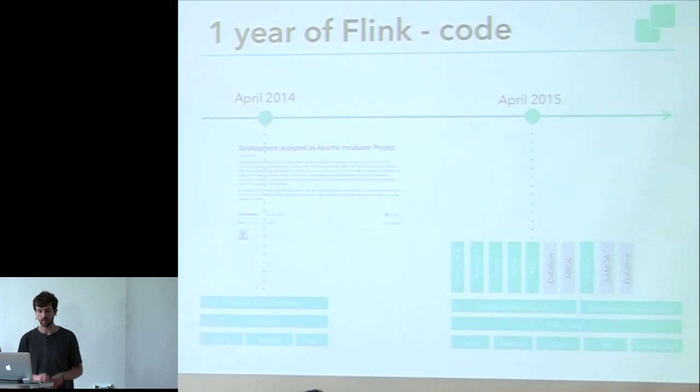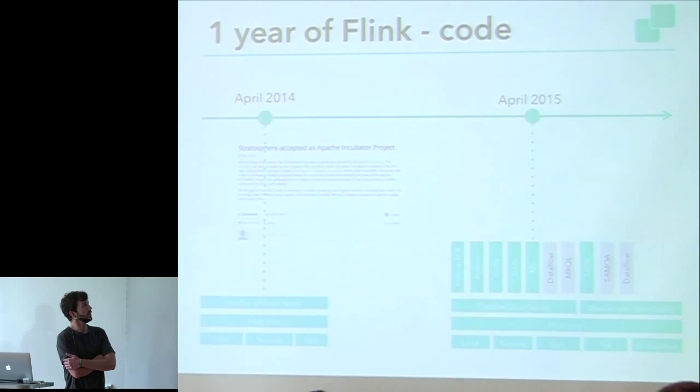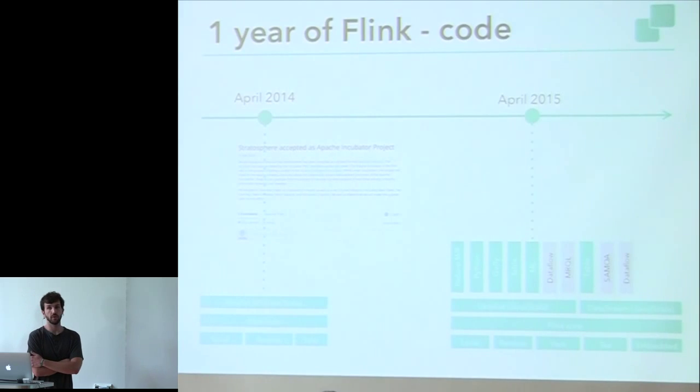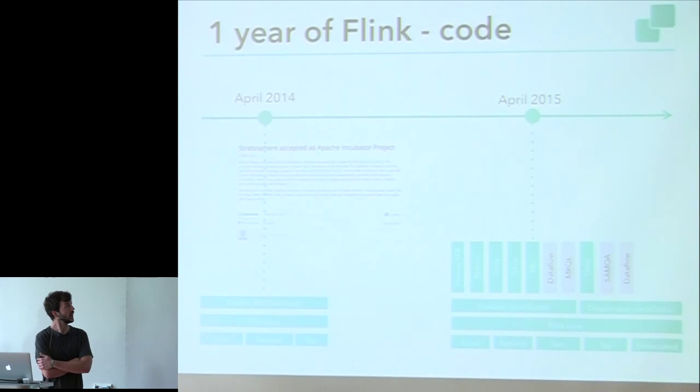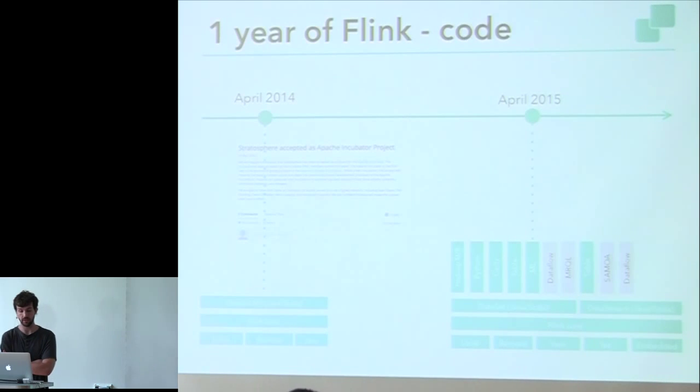So, what is going on with Apache Flink? Not too long ago, not so many people talked about it, and the reason for that is not that it was just created, but it got a lot of attention because it entered the Apache Software Foundation.